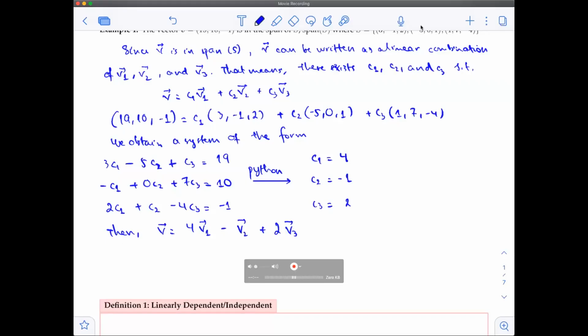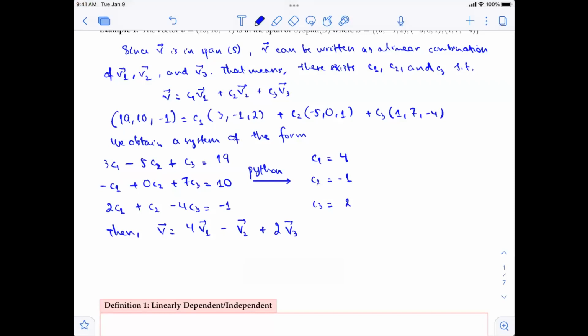Another way to look at this linear combination is that V depends linearly on V1, V2, and V3. In that sense, we have something called linearly dependent.